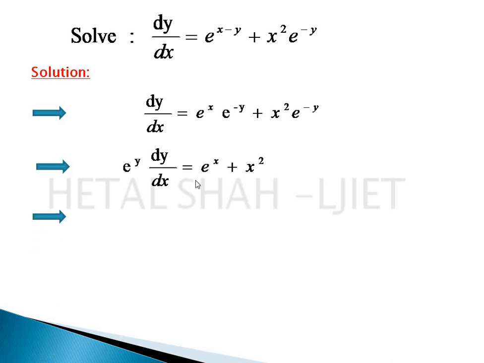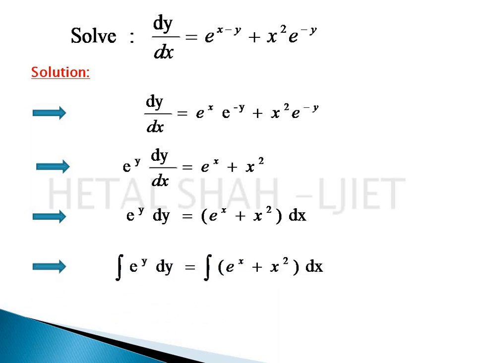Next step is e^y dy = (e^x + x^2) dx. We keep this dx in the numerator on the right-hand side. So here we separate both the variables, y with dy and x with dx. Now for the solution, we integrate both sides.